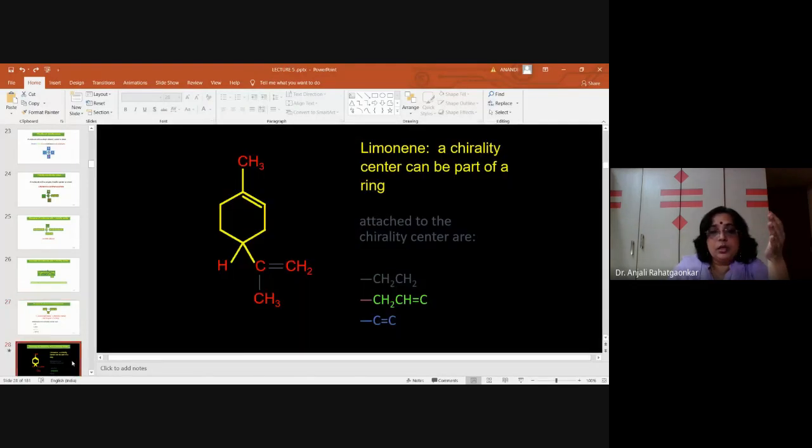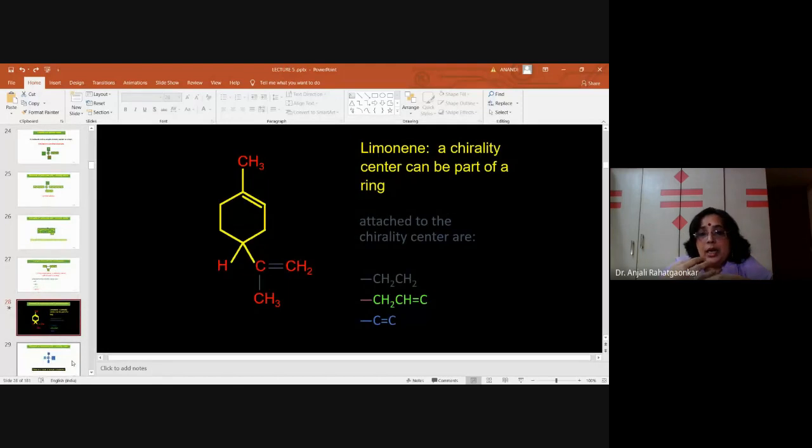So this is again another molecule, that is limonene. So here identify the chiral center. Which one is the chiral center? Now again, look at this carbon.